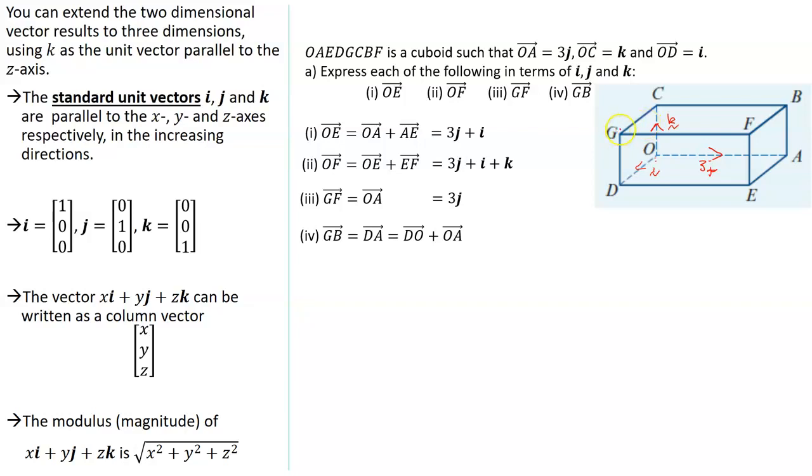GB, that's G to B, well that's just the same as DA. So I can go D to O, O to A. D to O is the opposite direction to OD, so that's negative i, and OA is 3j.